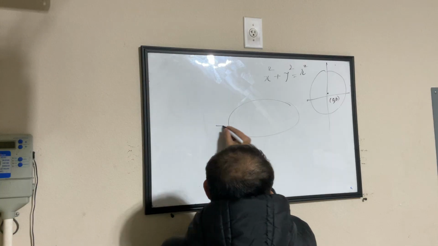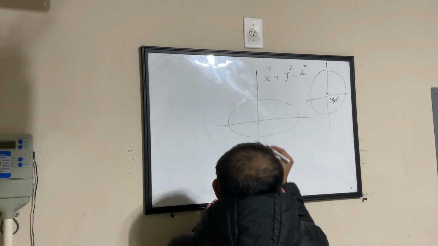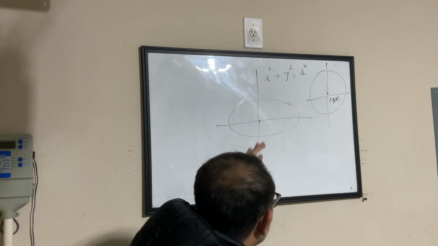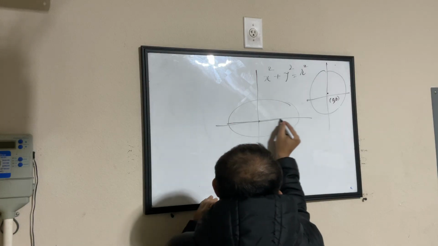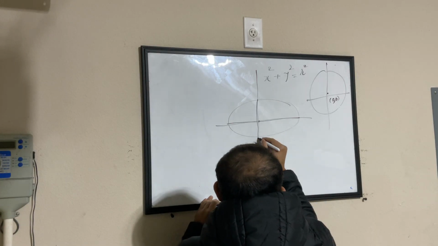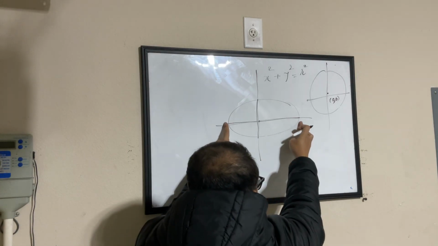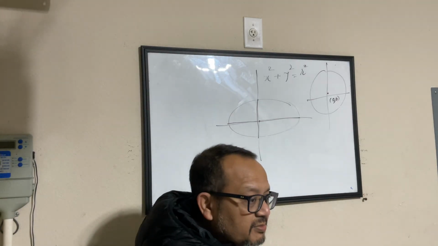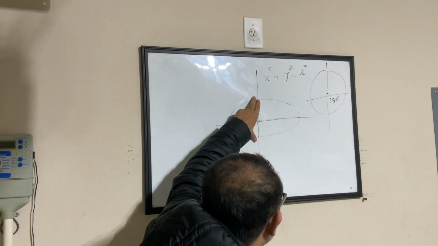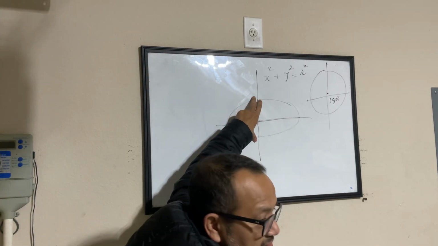And the property that we talked about was that an ellipse has a center, and then this is called the major axis and this is called the minor axis, meaning where it is broader, that is called the major axis, and where it is thinner, that's the minor axis.